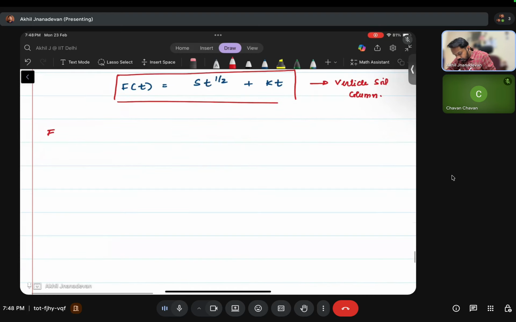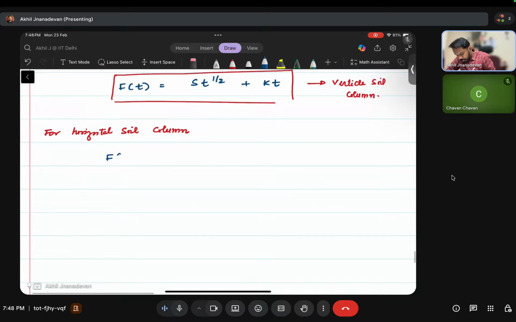For a horizontal soil column, the second term, the gravity term, will vanish, so we'll have f of t, the cumulative depth after any time t, given by S t raised to half. So this is the equation, right?